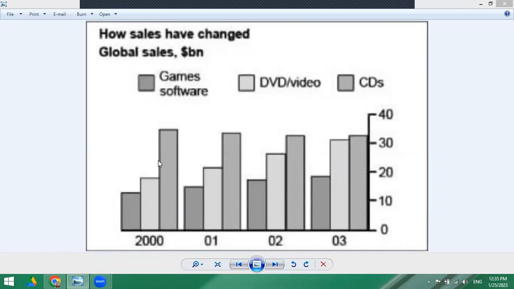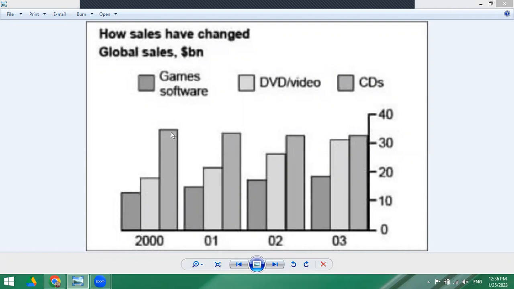So you should say, overall, although the sales of CDs declined over the given years, they had the highest figures throughout the same periods. What I'm telling you by CDs is this one, the dark gray color. They have declined, in fact.